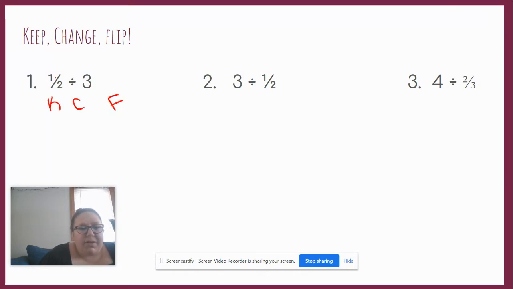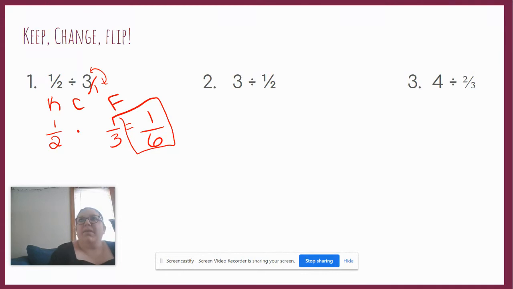Keep, change, flip. 1/2 stays 1/2. Change the sign. To flip 3, remember that 3 is technically 3 over 1. So if we flip it, it becomes 1 over 3. 1 times 1 is 1. 2 times 3 is 6. So 1/2 divided by 3 would be 1/6.